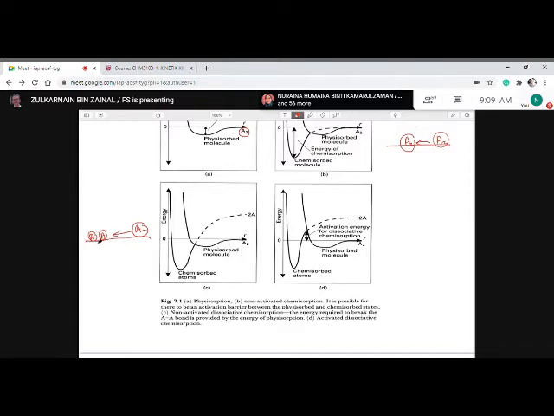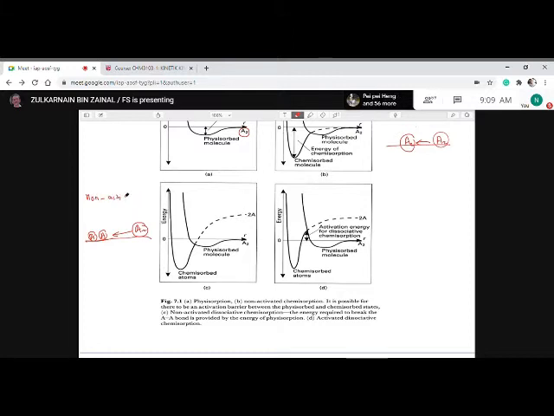So the adsorption occurs, but at the same time followed by dissociation process, where A2 is split into the atoms and adsorbed on the surface. So this is called dissociative adsorption process, or we can call it non-activated.